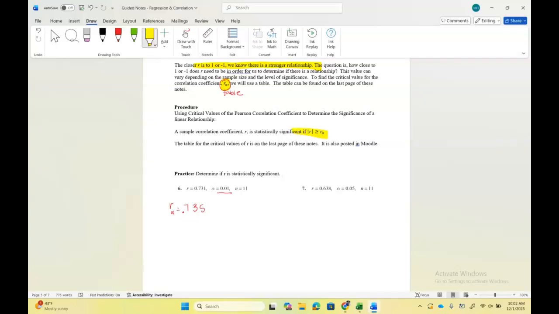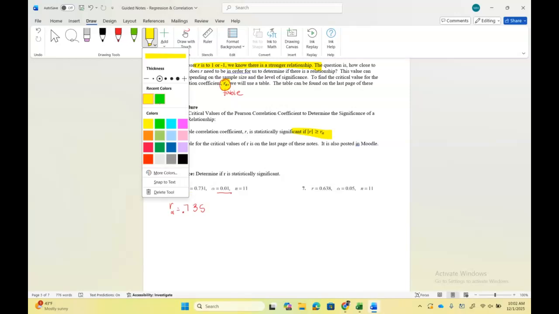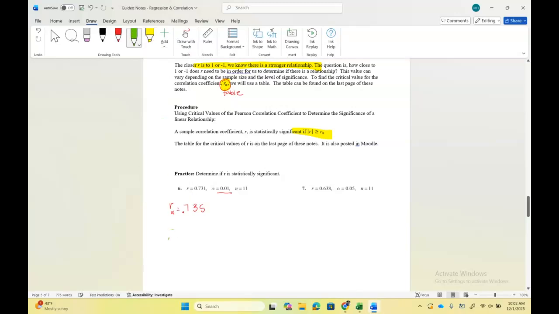Now right here, our R was 0.731 and our critical value was 0.735. It is statistically significant if the absolute value of R is bigger than the critical value that we found. In this situation, it's less than. So we would say this is not significant. This absolute value here just means make it positive.